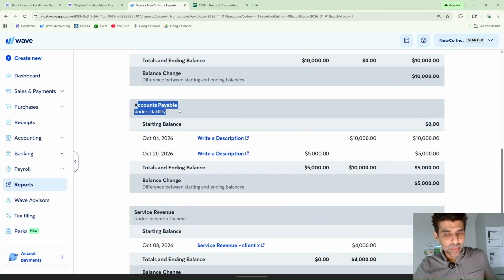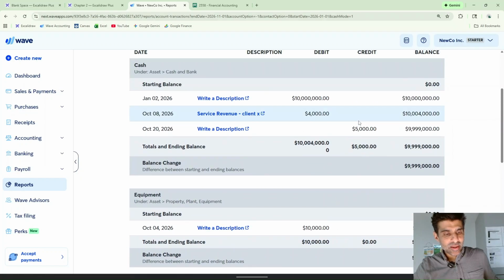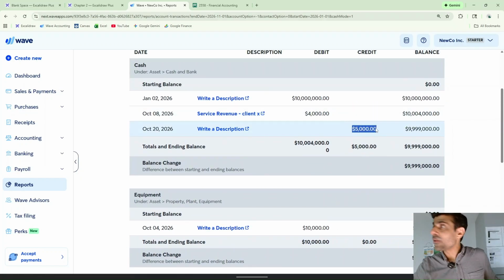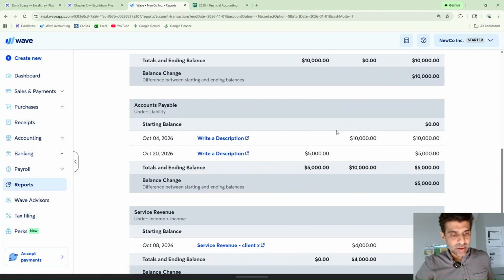And if we look at accounts payable now, we started with this $10,000 credit. We just debited it, right? So this $5,000 debit and this $5,000 credit are from the same transaction, but they've now been split into their respective accounts. Okay? And they're linked together. You can see the date is the same, right?